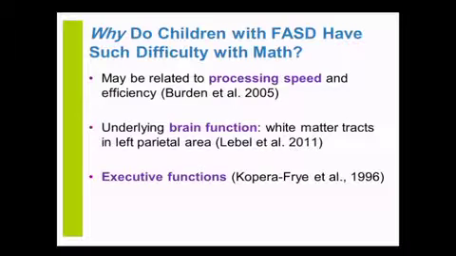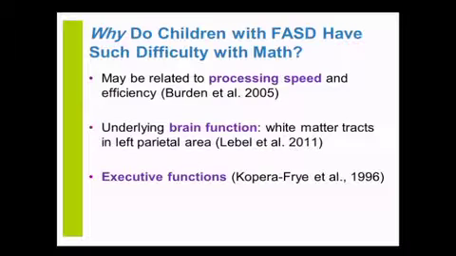Burden et al. have conducted some research showing that math difficulties in FASD may be related to an overall slower processing speed and efficiency of information. Individuals with FASD are slower to process information, and they don't process it as clearly or as efficiently, and this is related to their performance on math tasks, but also on other tasks as well. So that is one theory that's put forward.